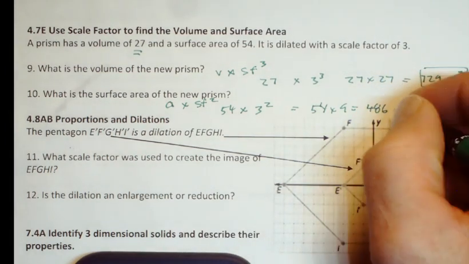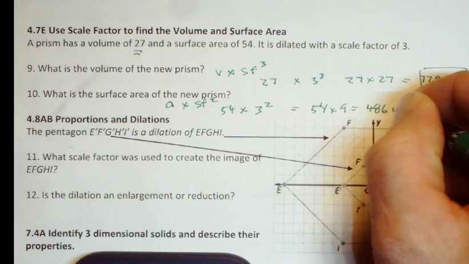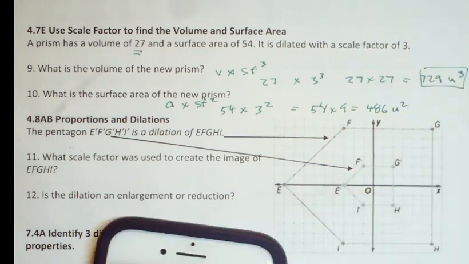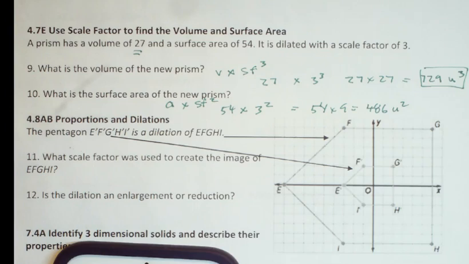And that's going to be units squared. We'll double check that by dividing by 9, which gets us back to 54.